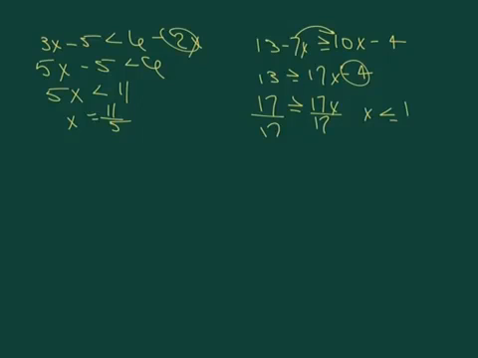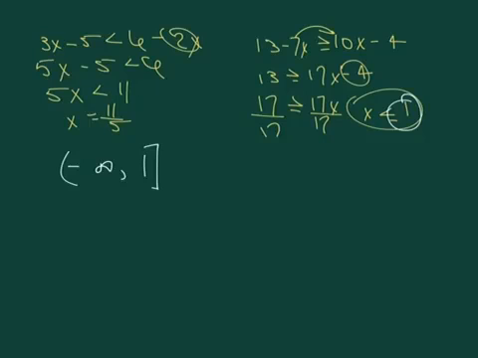Okay, so when we want to graph this, we have a couple different ways of writing this. We've got the interval method, which means if x is less than or equal to 1, it goes into negative infinity, and it goes to positive 1, and it has a square bracket around it because it includes 1. It's less than or equal to. So that's the interval notation.